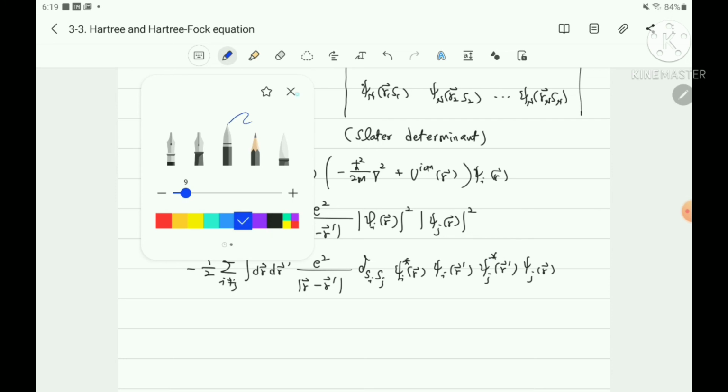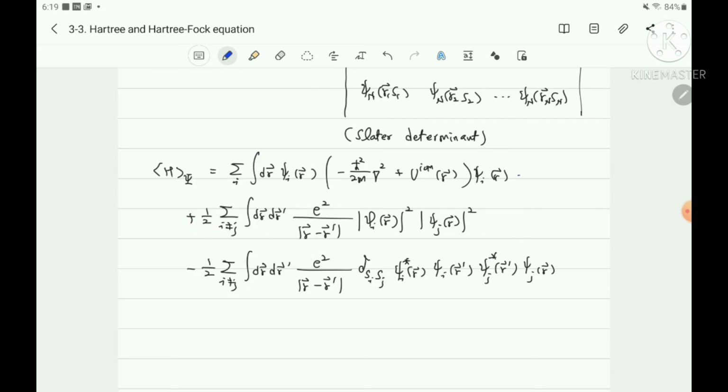I will describe each part: it is the kinetic energy plus the electron-ion interaction, and this term is for the electron-electron interaction.